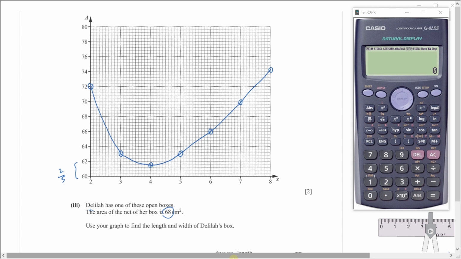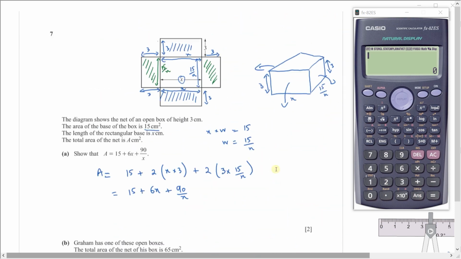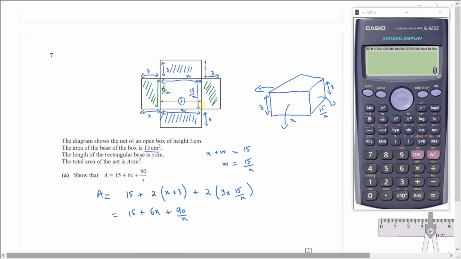So let me draw this line in another color. So this is your line for 68. Your value here is 68. So it intersects the curve at this point and at this point. So I'll take this value, which is the larger of the two, because the value of x is the length of this rectangular box.